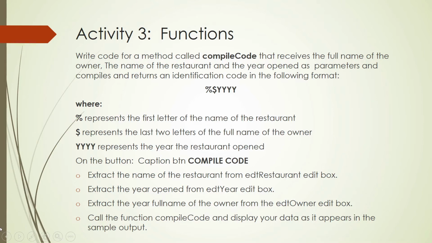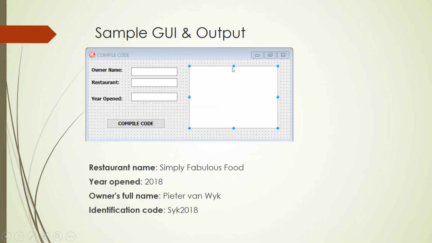Let's look at the sample output. So this is a graphical user interface that I have: 3 labels, the owner name, the name of the restaurant, and the year the restaurant was opened; 3 T edits to allow the user to input data, a button called compile code, and you could use either a rich edit or a memo to do your display.